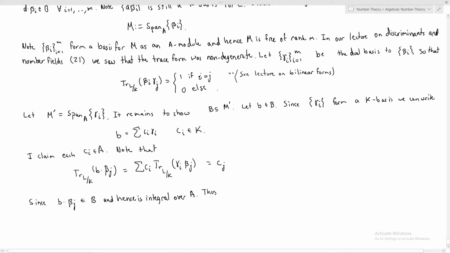If you review our lectures on norm and trace, maybe in Galois theory, you'll find this proposition: since this is integral over A, the trace is also integral over A. It's basically the sum of some Galois conjugates, each of which is integral over A.